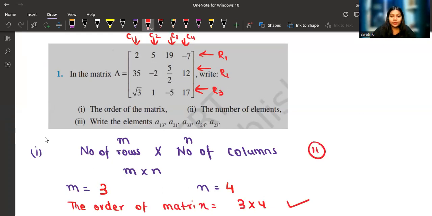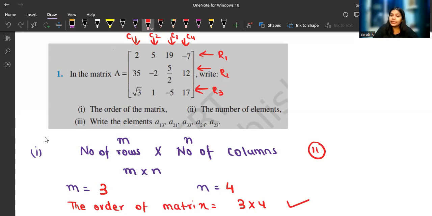The next is write down the number of elements. Do you know that the number of elements in a matrix is basically the total number of entries, right? So if you want, you can just count the entries, that is 1, 2, 3, 4, 5, 6, 7, 8, 9, 10, 11, 12. That also you can do, or there is a very short way to write down the total number of elements in the matrix, and that is just do the product of the number of rows and number of columns.